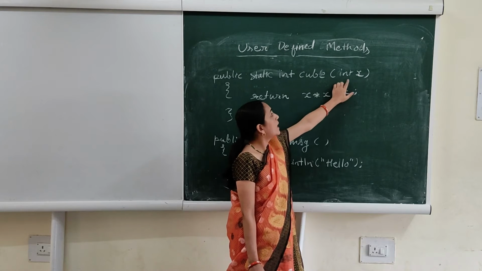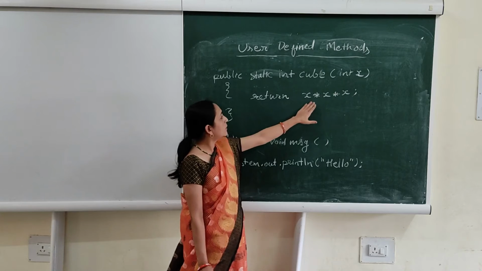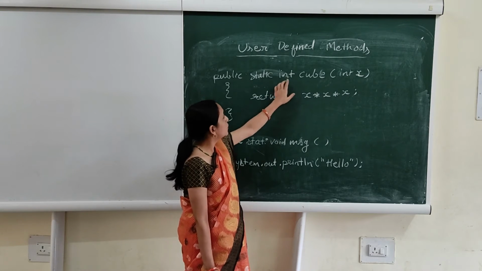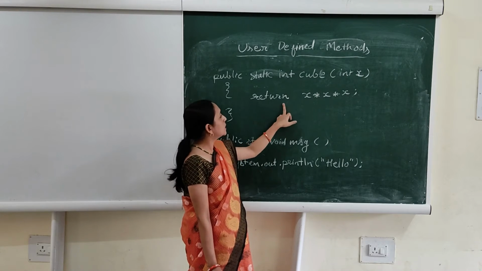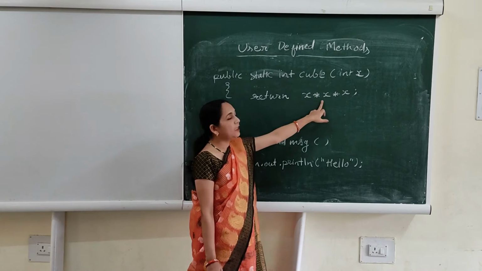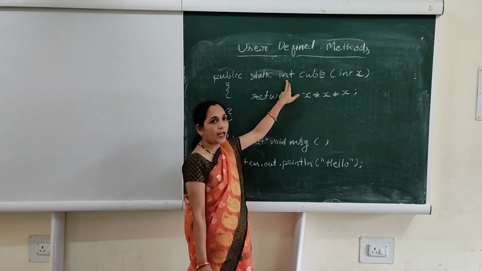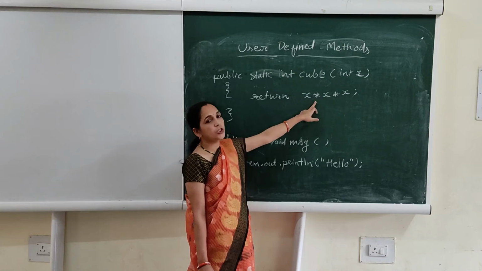This function requires one int type of value. And if the function is returning any value, you have to write the return keyword and a value of that type. Suppose it is returning x, an integer, so this value should be integer type.